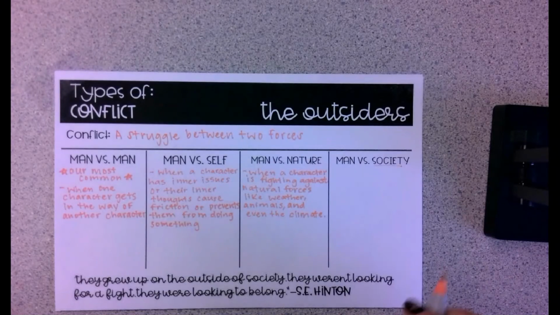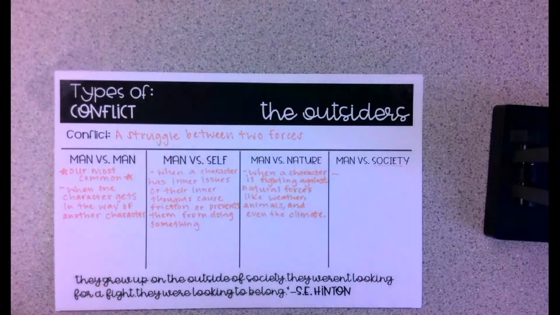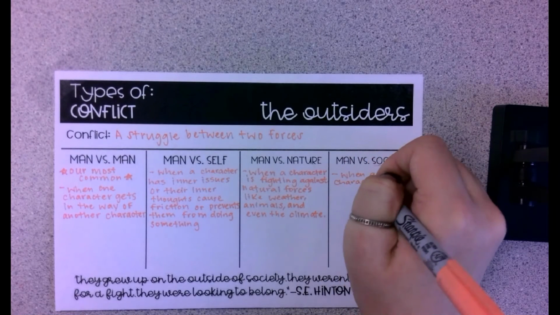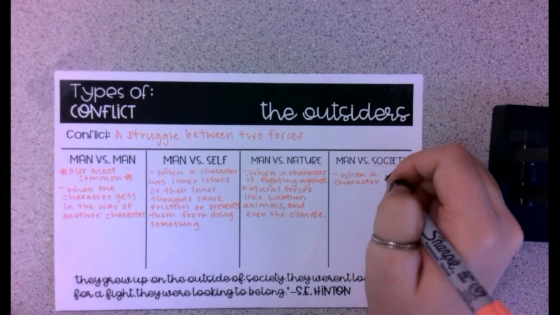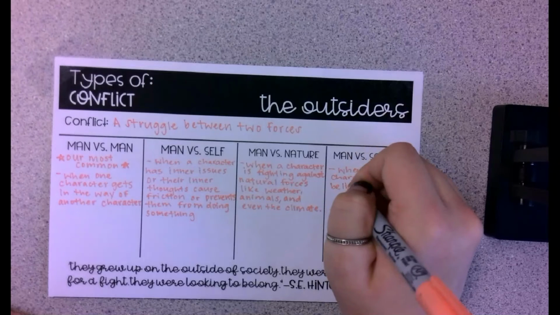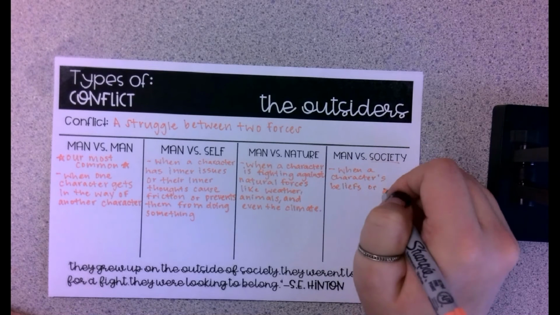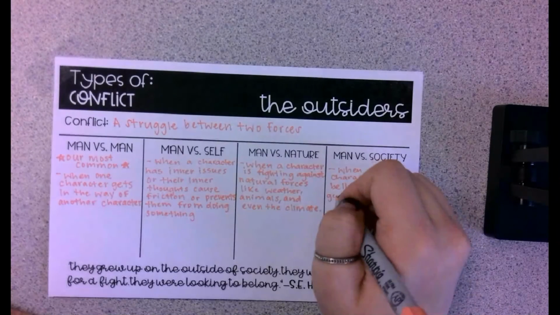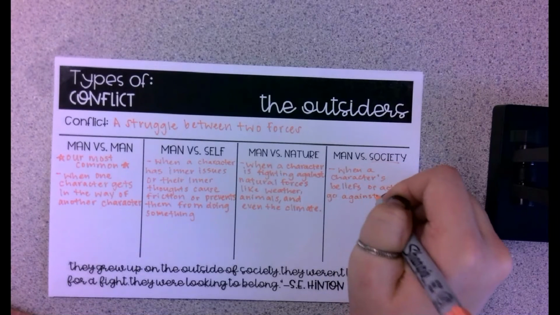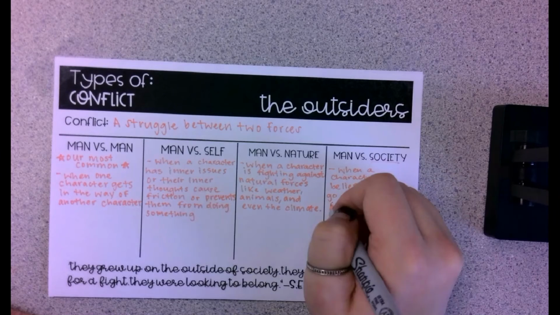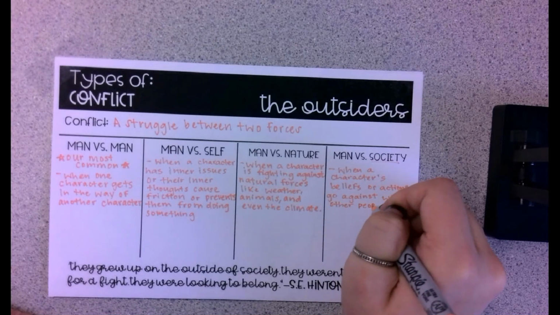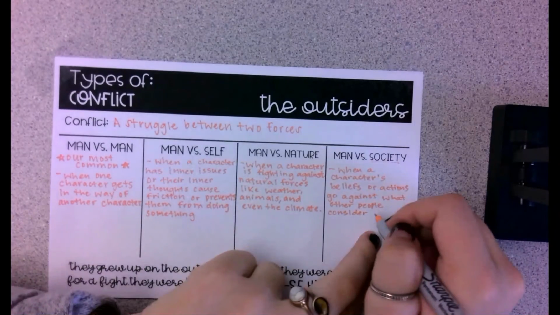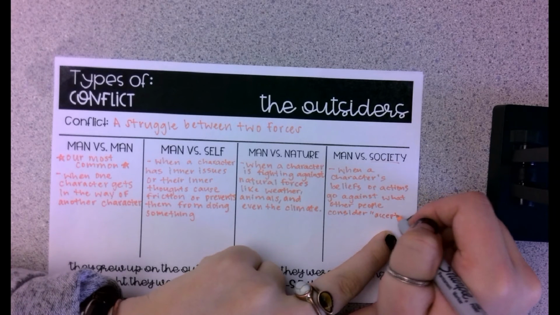So a man versus society conflict is going to be when a character's beliefs or their actions go against what other people consider acceptable or normal.